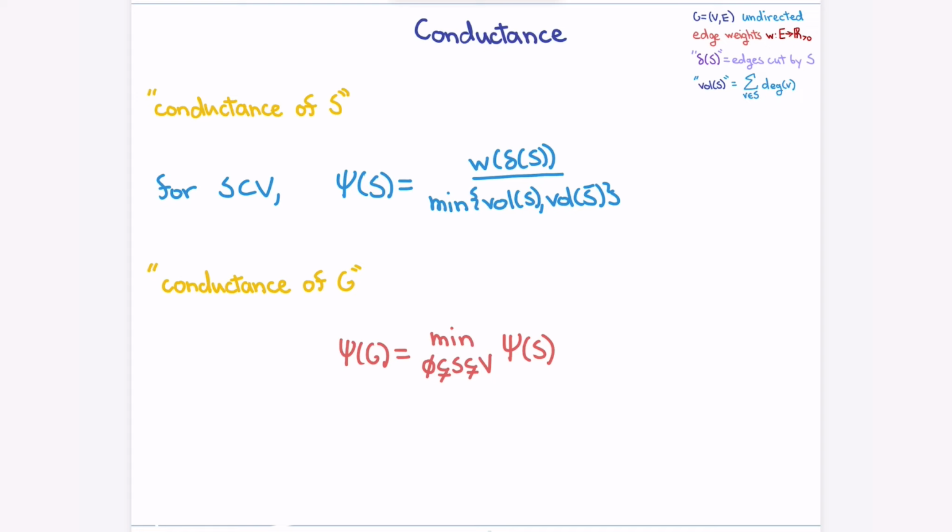You're looking at sets where the volume of the set is at most half of the total volume, and you're minimizing the ratio of the edges being cut divided by the total degree on the smaller side.